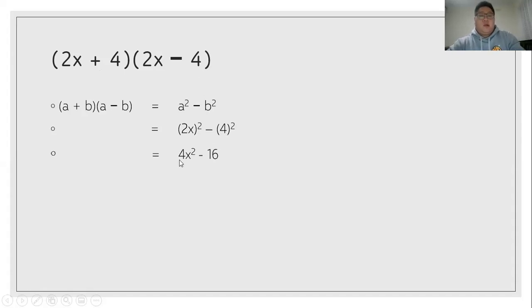So going down the next step, this practically means 2x times 2x, 2 times 2 is 4, and x squared, which is there. Our negative stays there, and our 4 times 4, which gives us 16, because 4 squared means 4 times 4, and that is 16. So our answer for this expansion is 4x squared, take away 16.